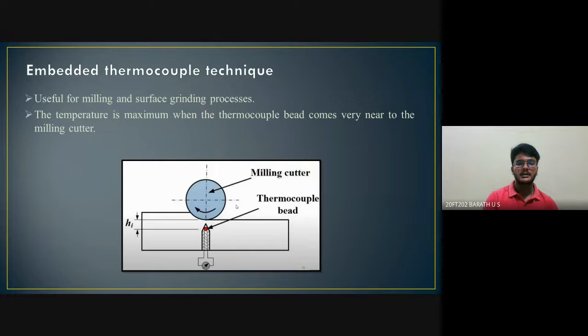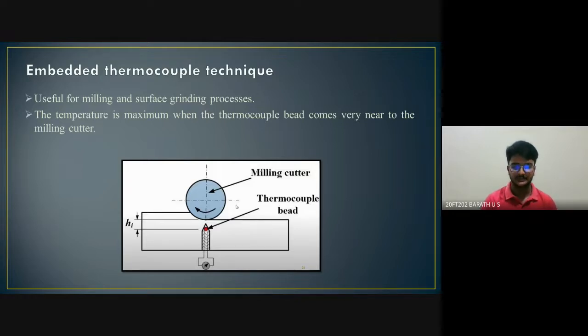As the milling cutter moves over the surface, it reduces the material thickness, and the heat generated is highest where the thermocouple moves near the cutter. It is connected to the millivolt meter, which shows whether the temperature is high or low, and what temperature was created in the process.